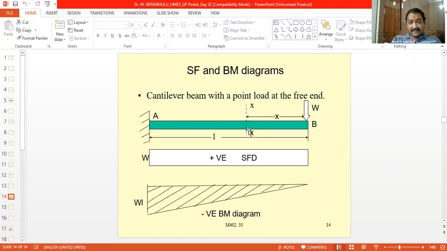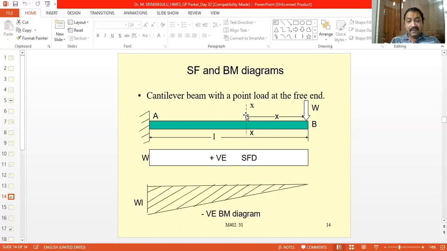So now this is a section. At section XX, if you see to the right of this section, a W force is acting. The amount is W. But how is it acting? It is acting downwards. We know that if a shear force acts downwards to the right of the section, it is taken to be positive.